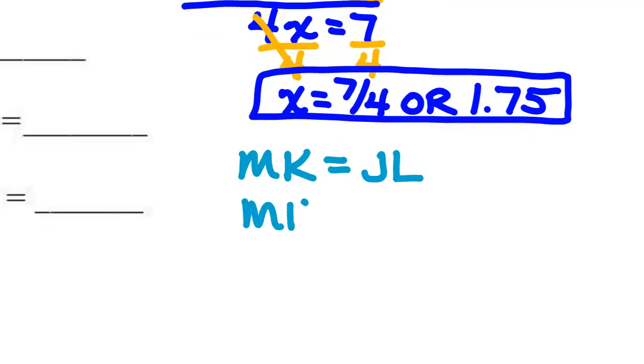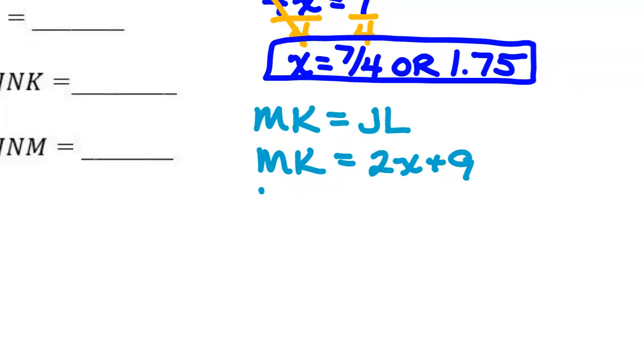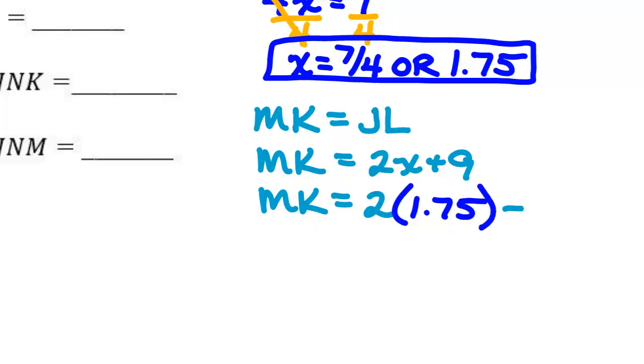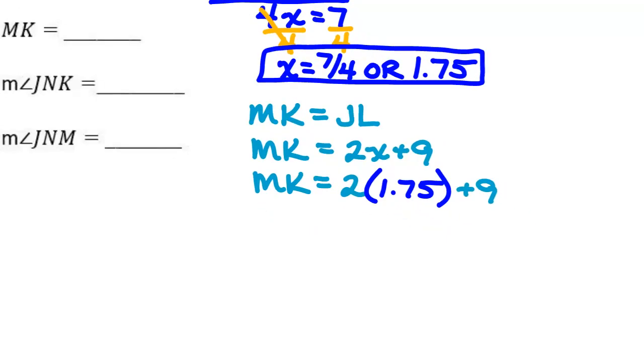So that means that MK is equal to 2x plus 9. And we just figured out that x is 1.75. So I have 2 times 1.75 plus 9. So how big is MK? 12.5.